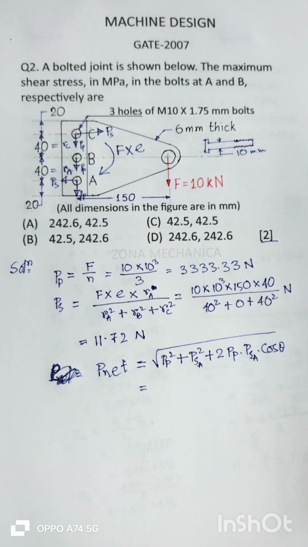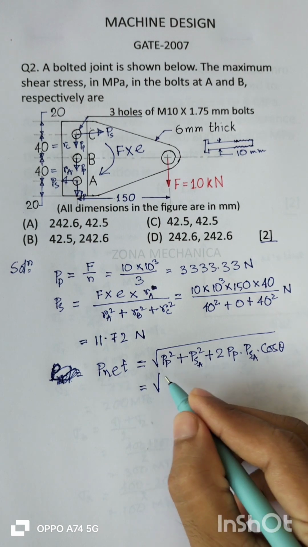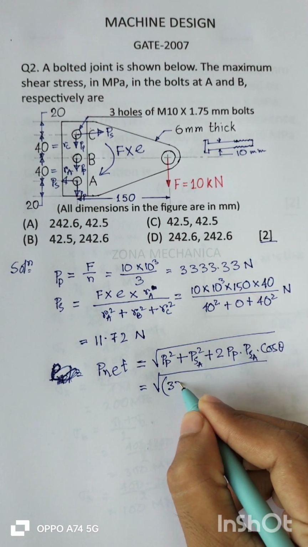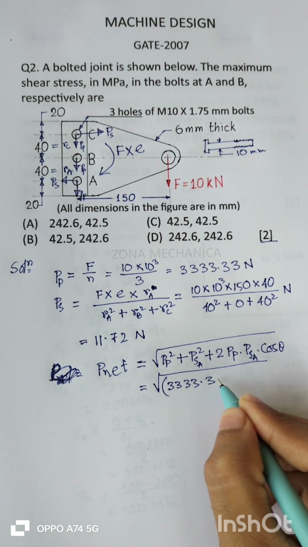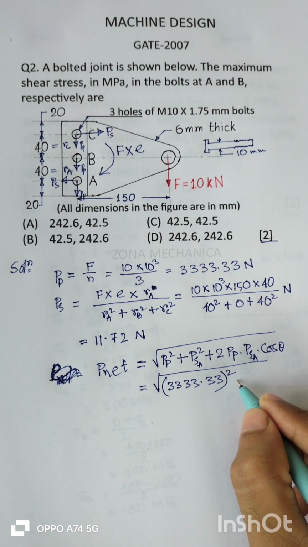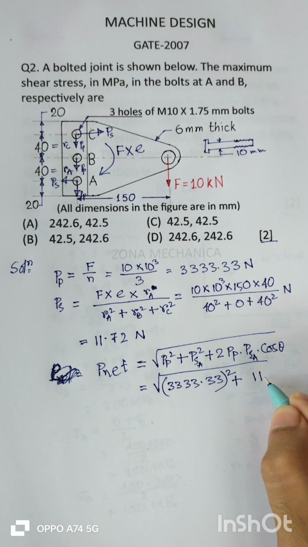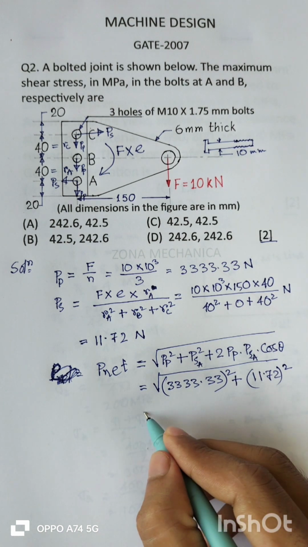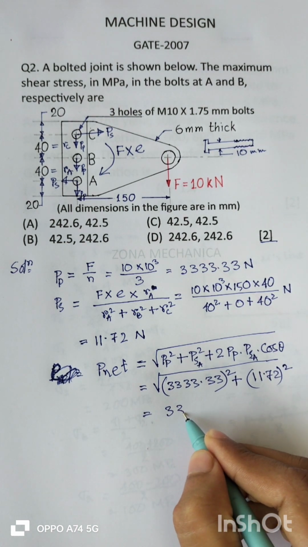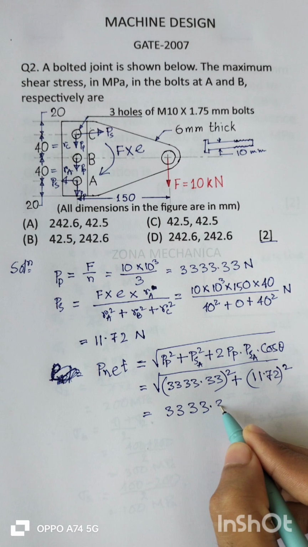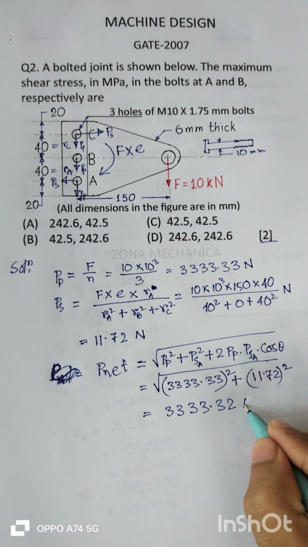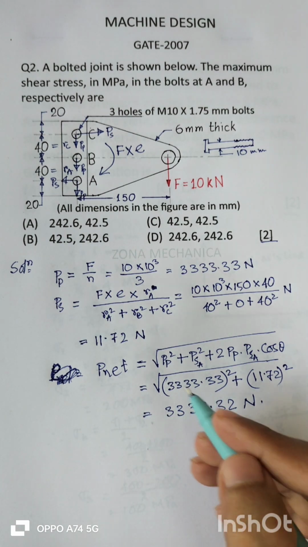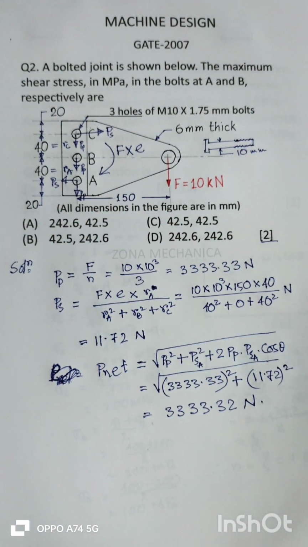Clearly this angle is 90 degree, cos 90 is 0, so this will be PP is 3333.33 square plus PS is 11.72 square, right? Plus this is 0. So this will give some 3333.32 Newton. So this is the net force acting at bolt A.